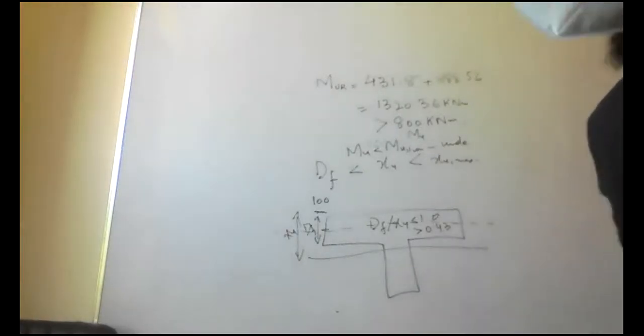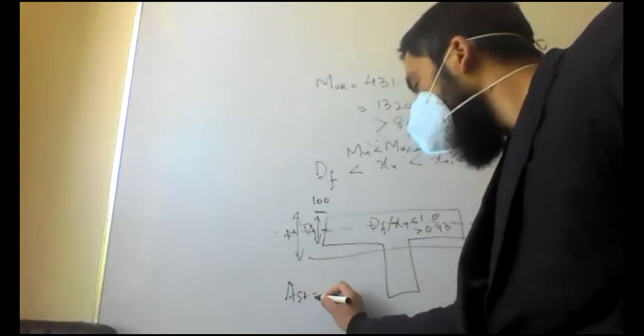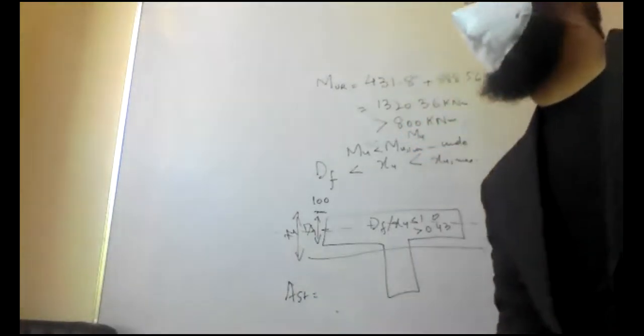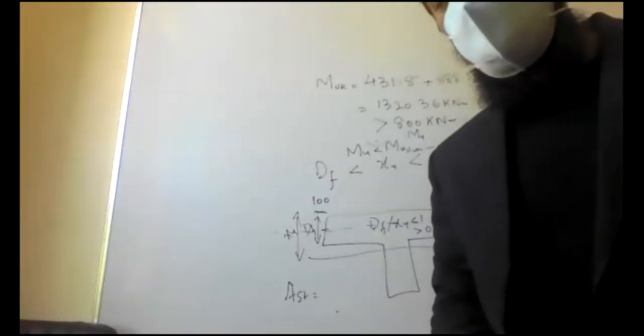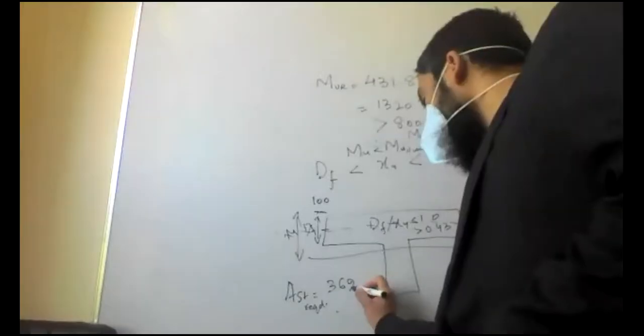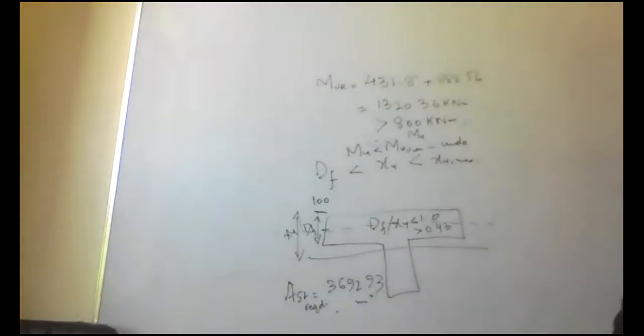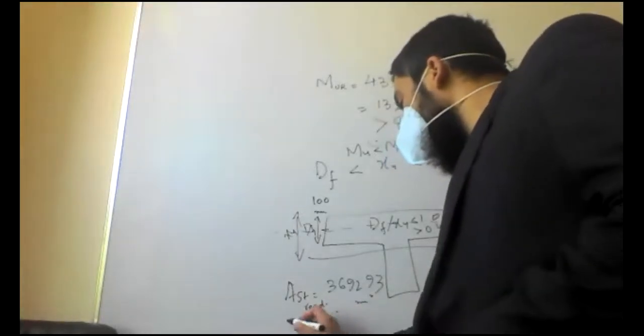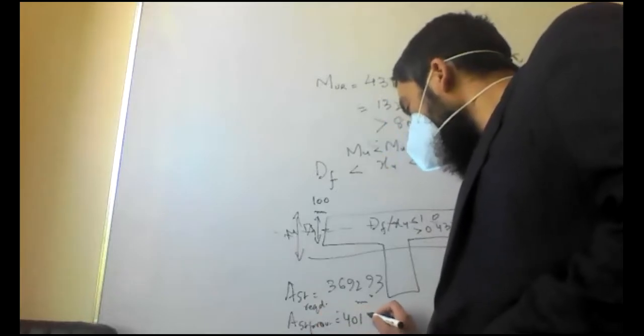How much area of steel was required? Required was 3692.93. How much did we provide when we used 5 bars of 32 mm? 4019.2. So we provided 4019.2. Yes, sir. So this is okay.